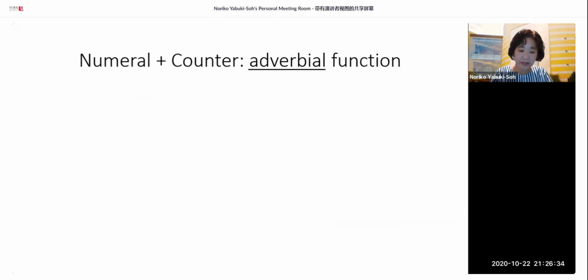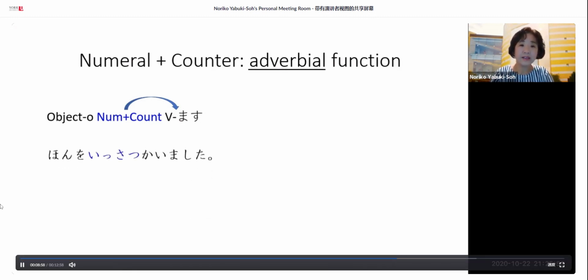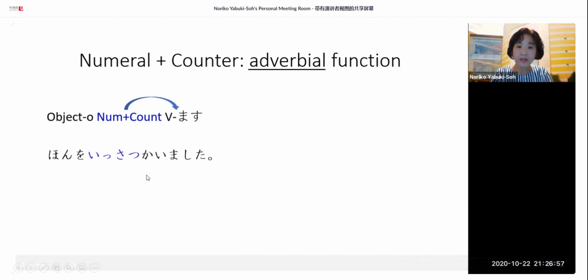Now, when you use numeral plus counter, please treat it as an adverb. What it means is that it modifies the verb instead of the thing itself. So when you say you bought one book, you mention the book first. So you bought a book. In what form?